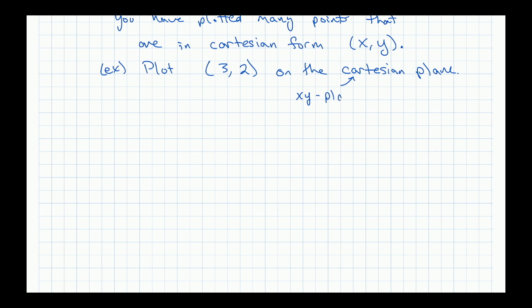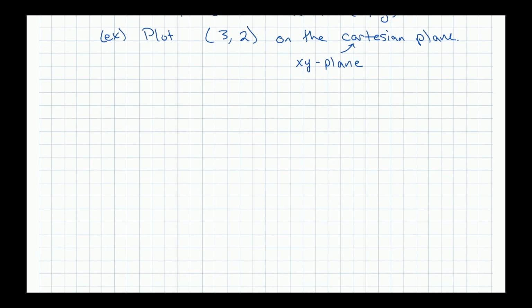So that's the normal way that you plotted points, probably thus far in your life. Okay. So if we wanted to plot 3 comma 2, of course, that'd be very easy for us to do. You would just go 1, 2, 3, 1, 2, and you would just put a dot right there. And there's your point, right? 3 comma 2. As easy as that.